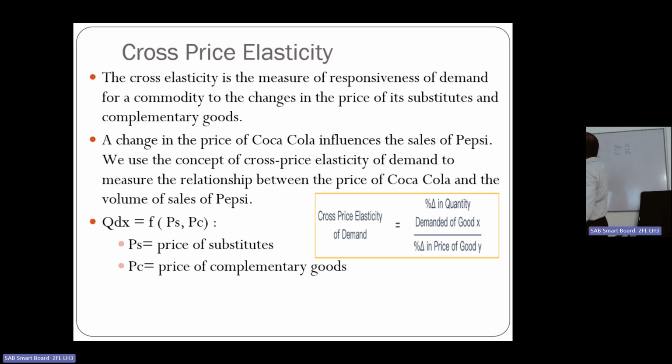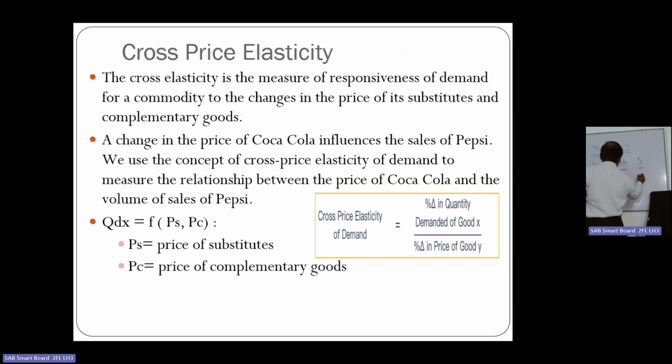We take the change in the Coca-Cola demand divided by the change in the Pepsi Cola price, multiplied by the earlier price of Pepsi Cola divided by the demand for Coca-Cola. That is Qx and Py.